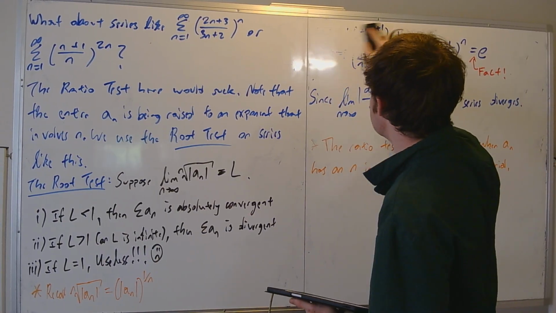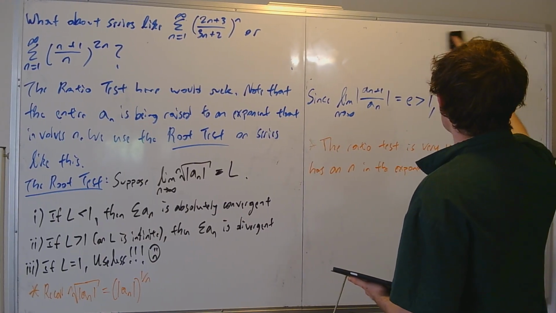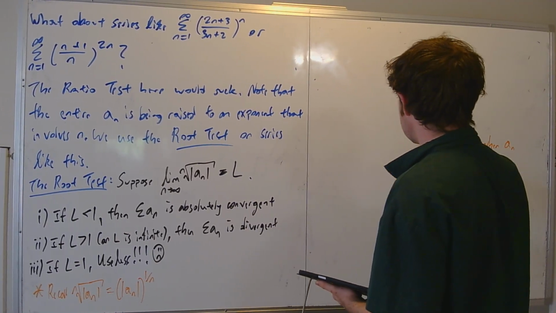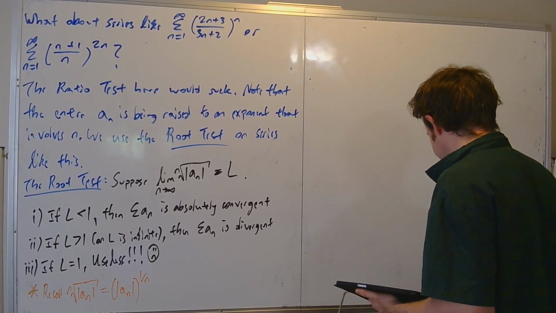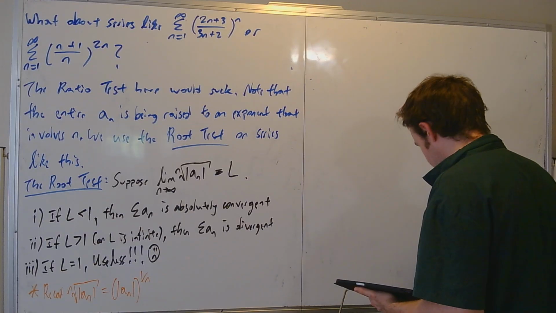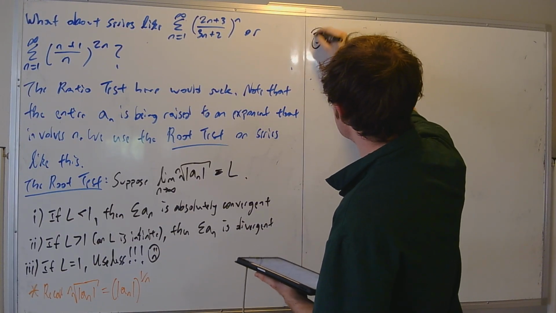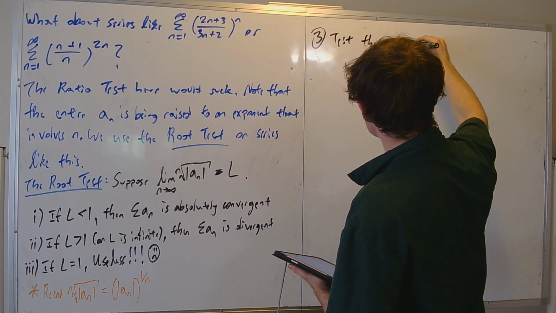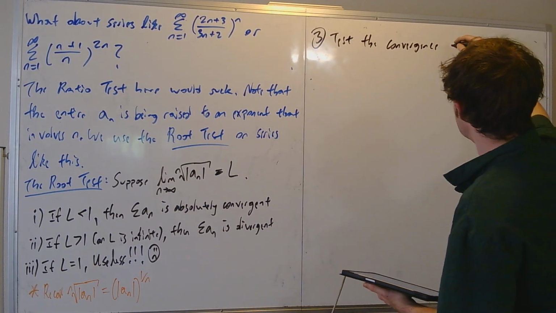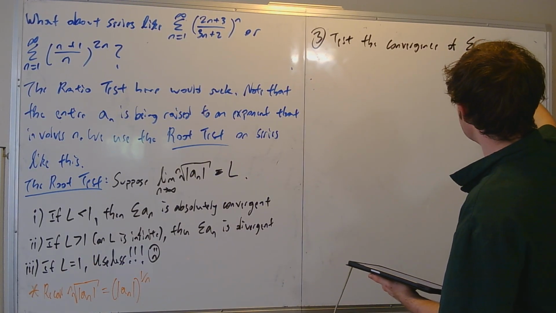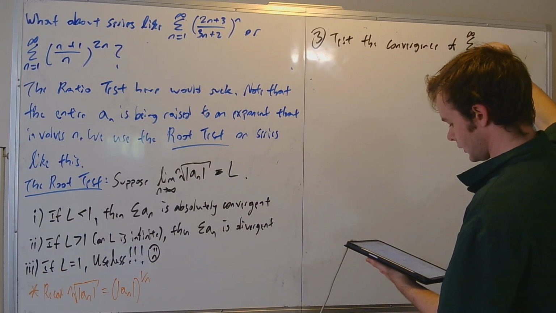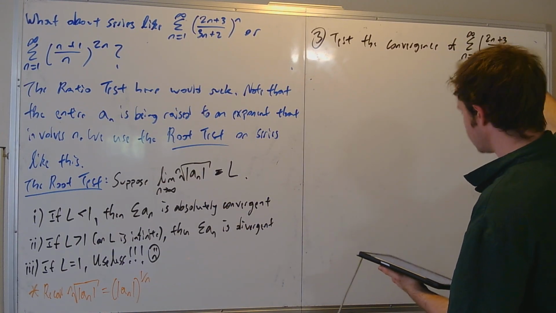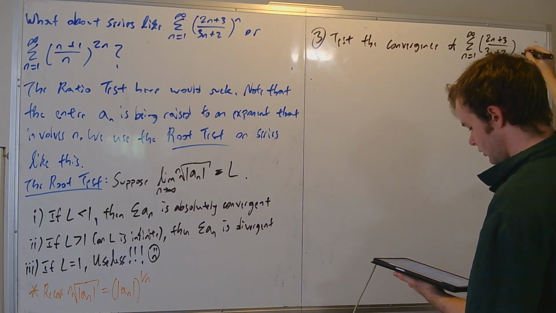Okay, so let's now do another example. So the second to last example, we just got 2 examples left. Example number 3 is going to say test the convergence of the sum from n equals 1 to infinity of (2n plus 3 over 3n plus 2) to the power of n.